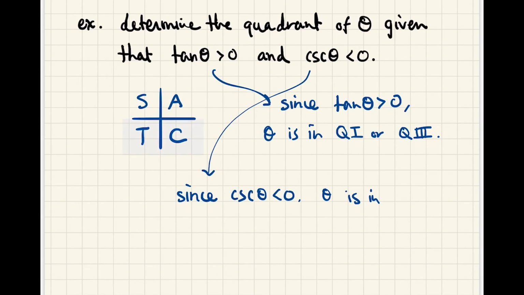In the third and the fourth quadrant, sine is negative, and therefore cosecant is negative, so theta is in quadrant 3 or quadrant 4. But combining this information tells us that theta must be in quadrant 3.